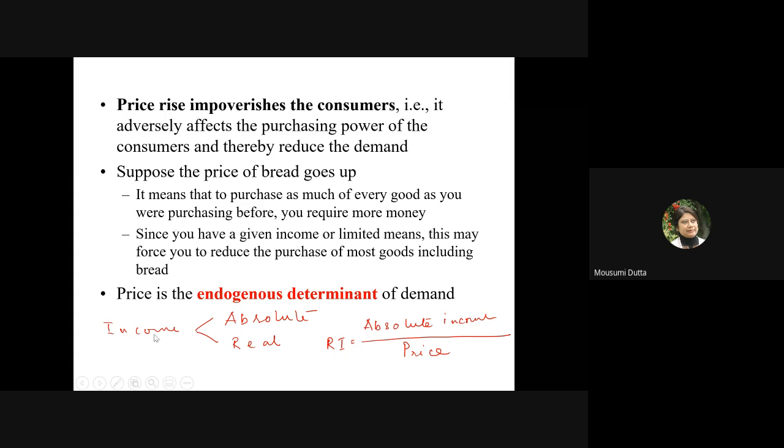So this is the thing. Another important thing is price is the endogenous determinant of demand. Now, I mentioned there are many determinants of demand. Among these, price is the most important. Now, more specifically, I am clearing the matter. There are two types of variables in the system, endogenous and exogenous. Endogenous means the variable which crops up from the system, which affects the system and is affected by the system.